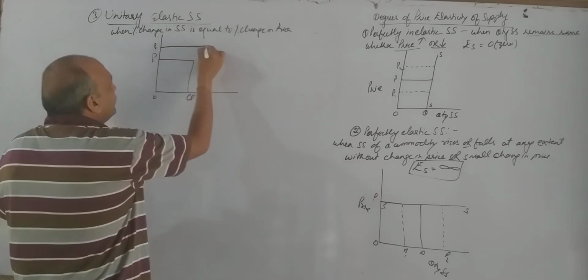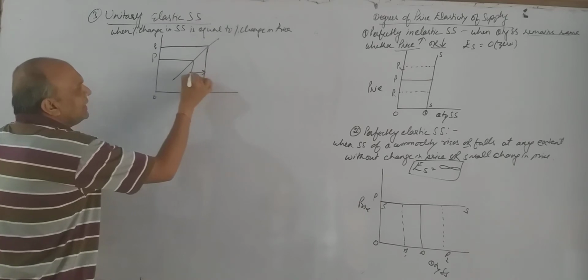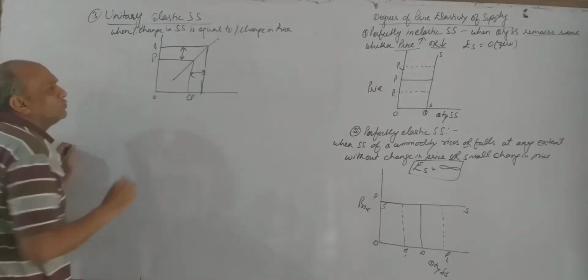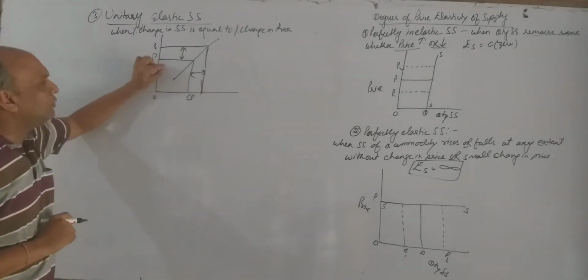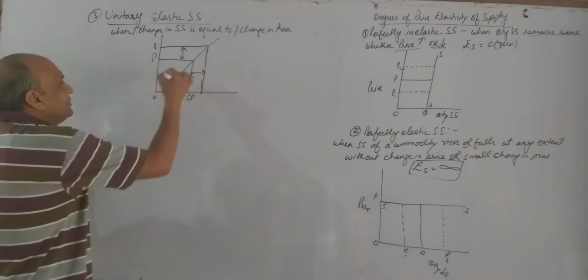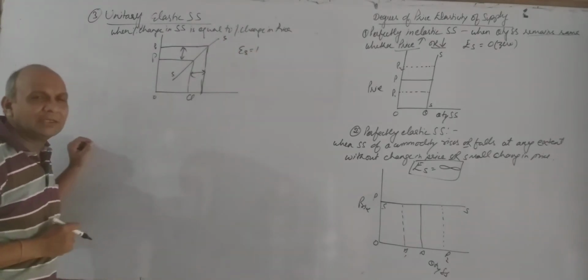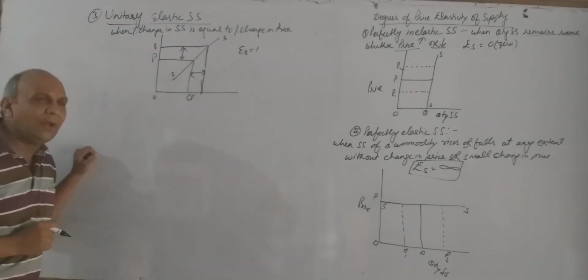It will be easy for you in that case. So here both changes, change in supply and change in price, will be the same. I have drawn it free hand, that's why a little bit of change is there. So this is SS, and here ES will be equal to 1. Elastic supply will be equal to 1.